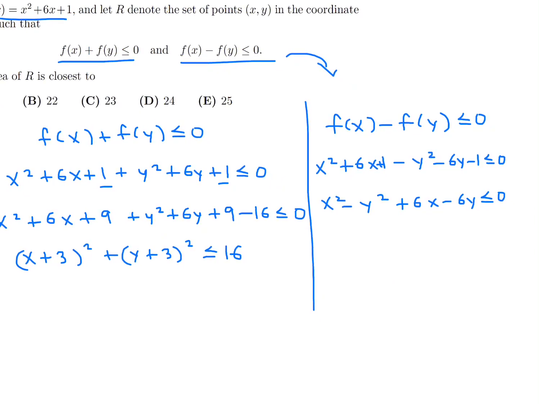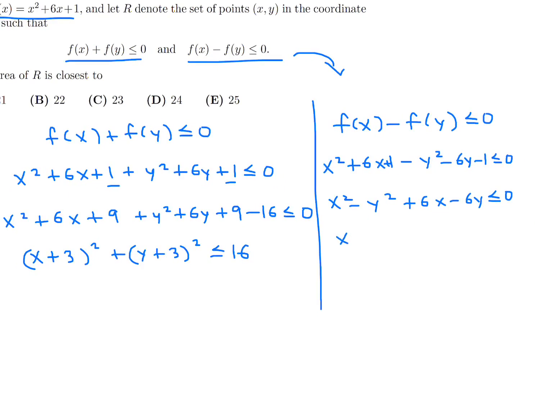And I believe the factoring will help us, x minus y, x plus y. Factor out a 6, and this gives x minus y like that. Factor the x minus y, and you'll get x plus y plus 6, like that. And I think that is about as far as we can go there.